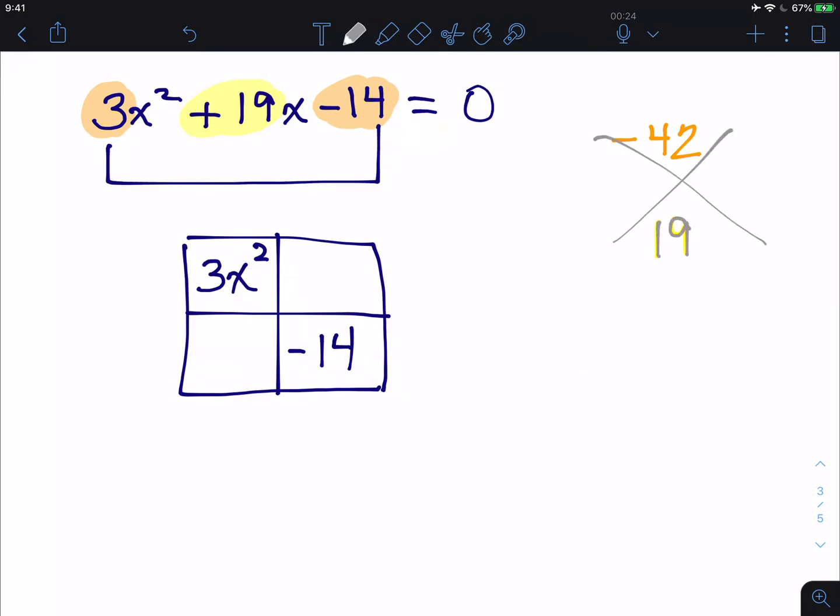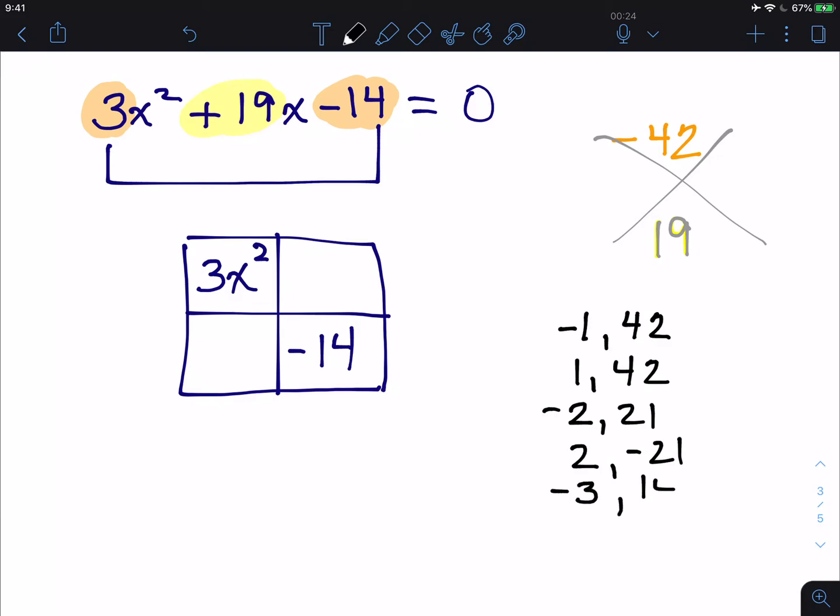In order to do this, I'm just going to think about the ways I can multiply and get negative 42. So I could have negative 1 and 42, or 1 and negative 42. I can multiply negative 2 and 21, or 2 and negative 21. I can multiply negative 3 and 14, or 3 and negative 14.